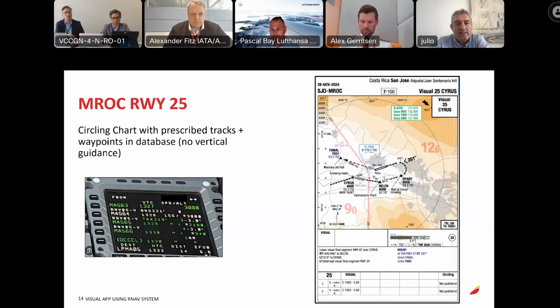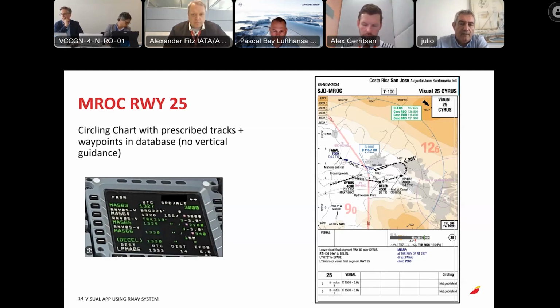So it was an improvement from the previous approach, but we had some problems because the airport is at high elevation, more than 3,000 feet. The mountains around the airport are really close. We have problems with the weather. At some point, issues with the PAPI on runway 25.